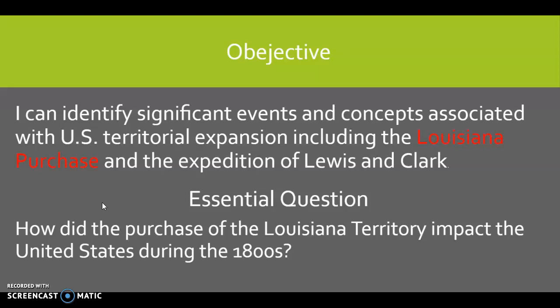So we know we have 50 states in our country. How did we get those states? How did we acquire all of that land? This is a big part of our understanding how we did that. And acquiring Louisiana was a major addition to the United States.